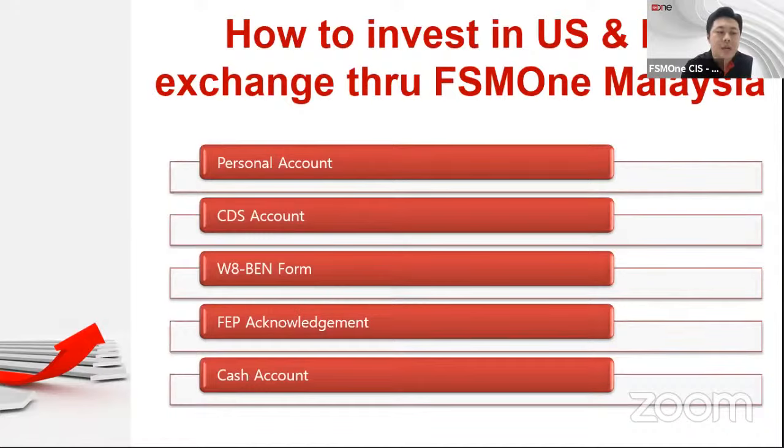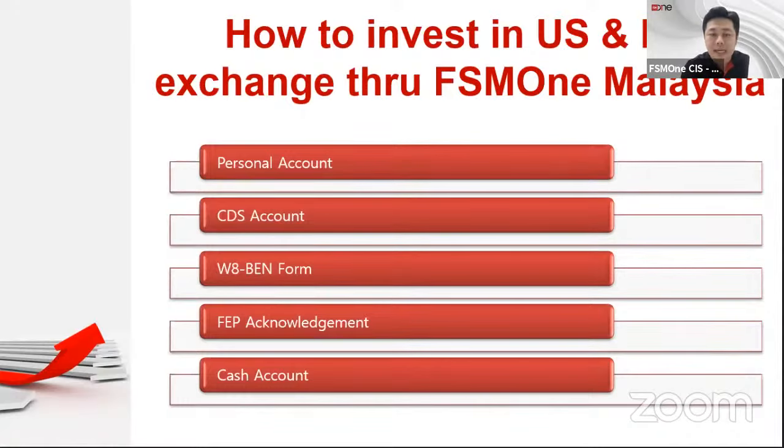Next, once your CDS account is activated, you will be able to access our stock trading platform. And once you proceed to US exchange order placement, our system will prompt you to complete a W8-BEN declaration form to declare your non-US tax status. But not to worry, because the process is very simple.